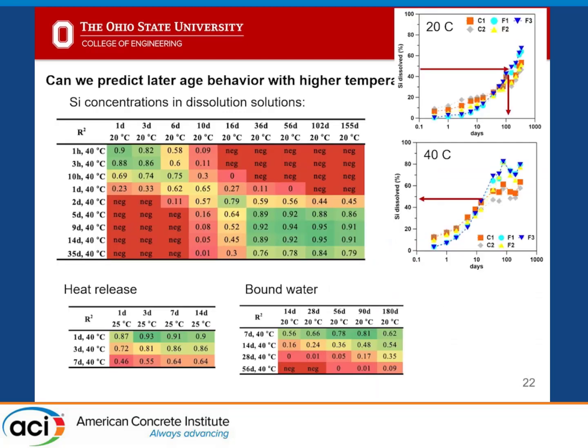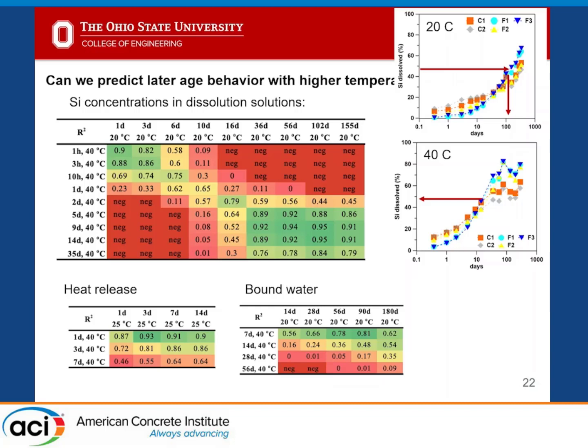All right, so the last bit of this, we wanted to assess our ability to predict longer-term reactions using the higher temperature systems, because that's the point of the higher temperatures, right? And so here we're showing a comparison between the dissolution results at 20C across the top and 40C down the side.